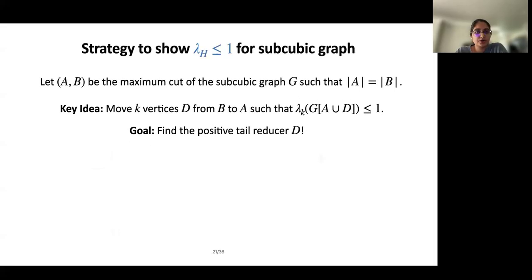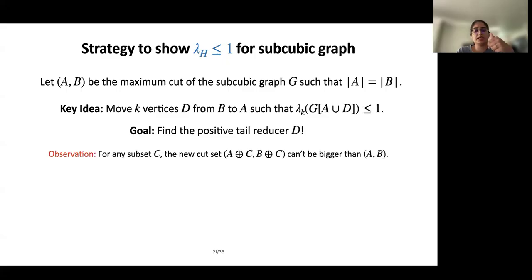Okay. So now let's take a step back and give you a picture. Our goal is that we have some maximum cut of a subcubic graph, which is balanced. And our goal is to find a positive tail reducer D, which has the properties like so.